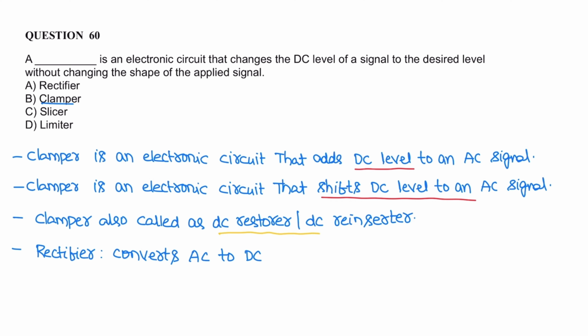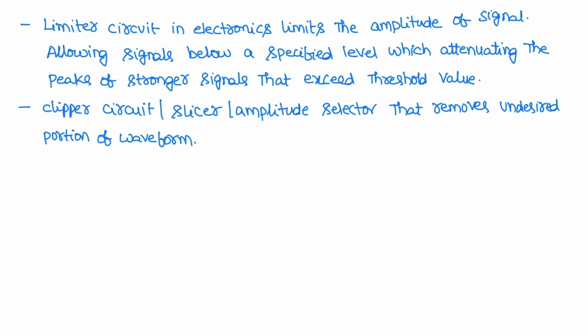There is one more circuit, rectifier. Rectifier converts AC to DC. And slicer and limiter are there. Clipper circuit or slicer or amplitude selector removes undesired portion of the waveform, whereas limiter circuit in electronics limits the amplitude of the signal, allowing signals below a specified level, while attenuating the peaks of stronger signals that exceed a threshold value.